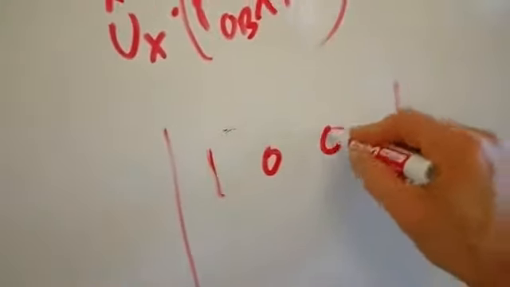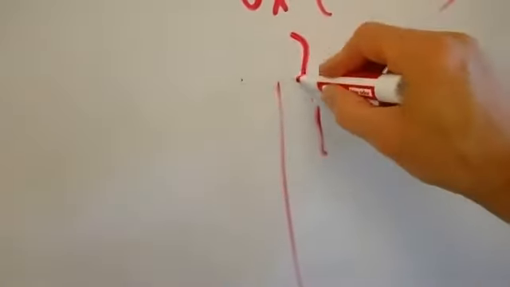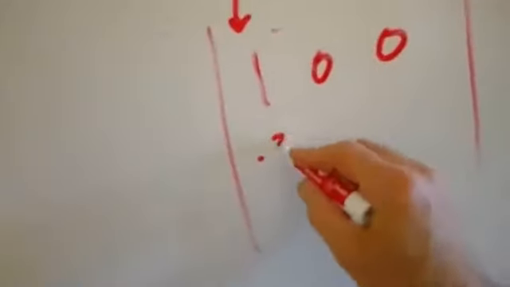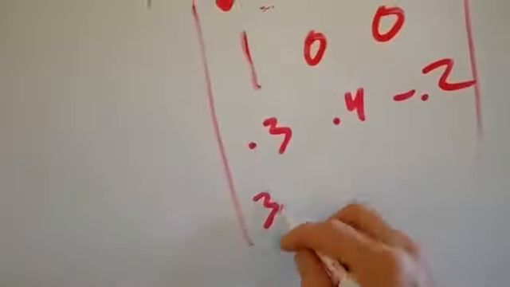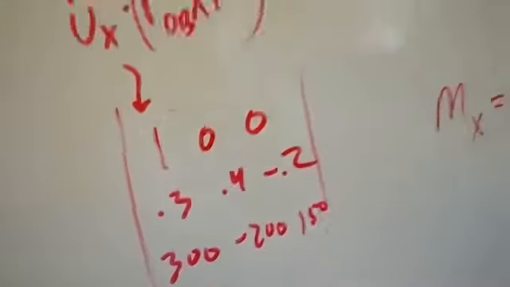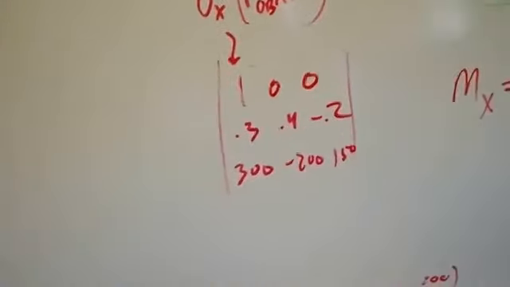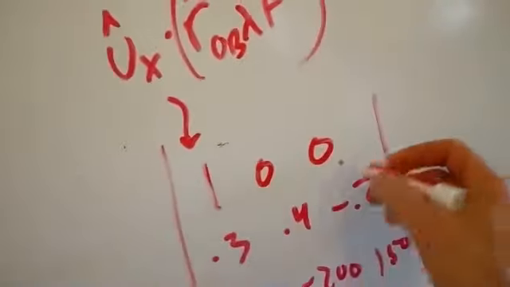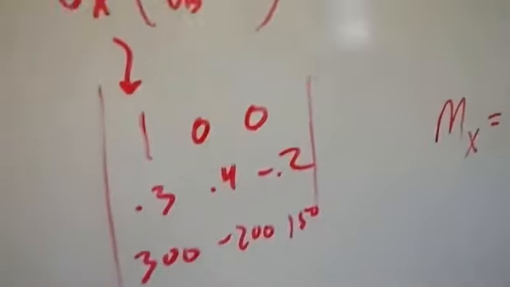It's no longer a vector, it's just components. So 1, 0, 0, because that's u_x, right? And then you got 0.3, 0.4, minus 0.2. Then you got 300, minus 200 and 150. And you take the determinant of that, and you quickly realize that you really just have one term in that determinant, right?